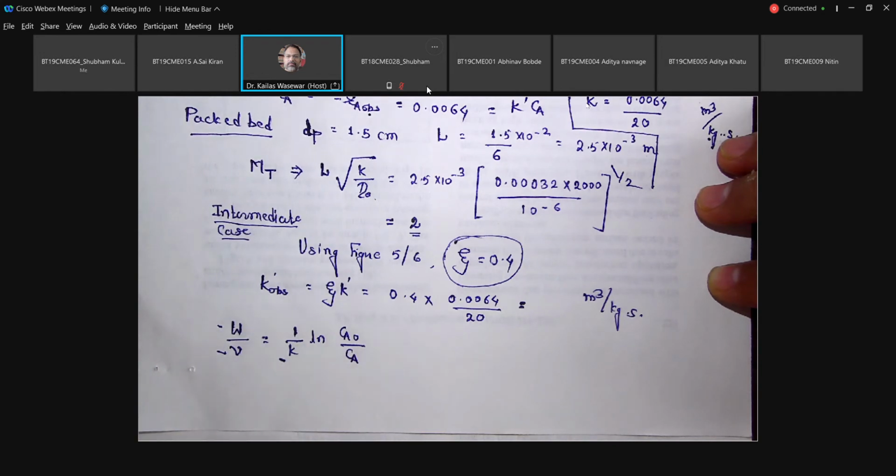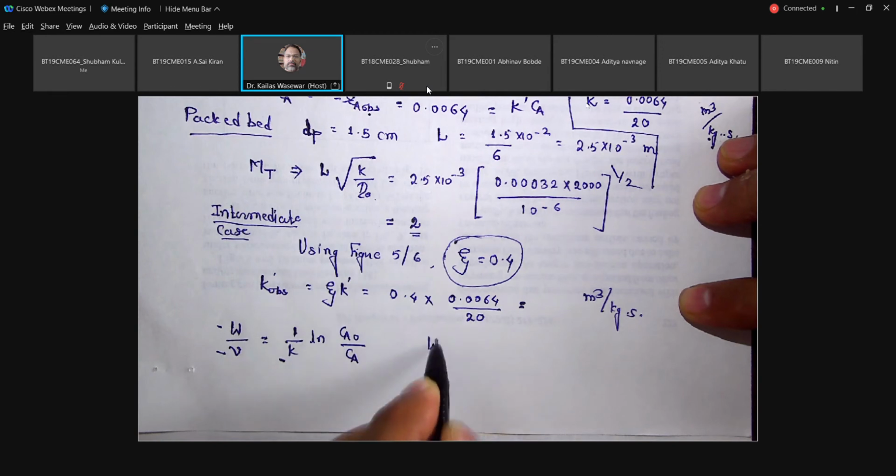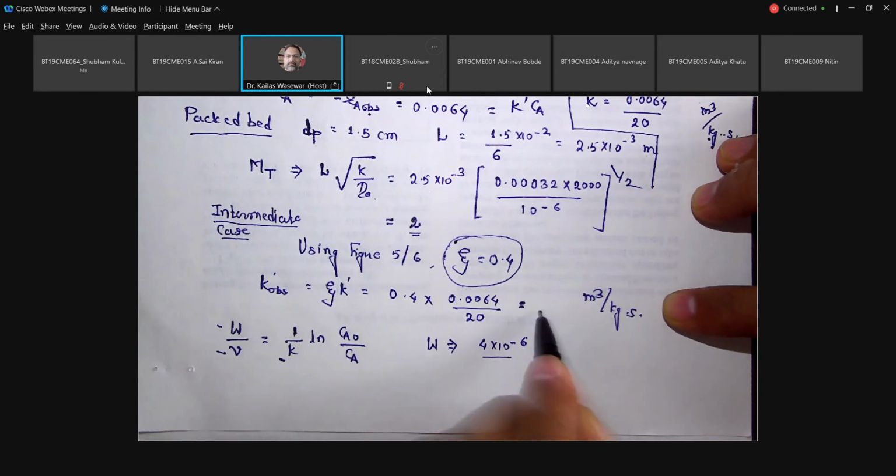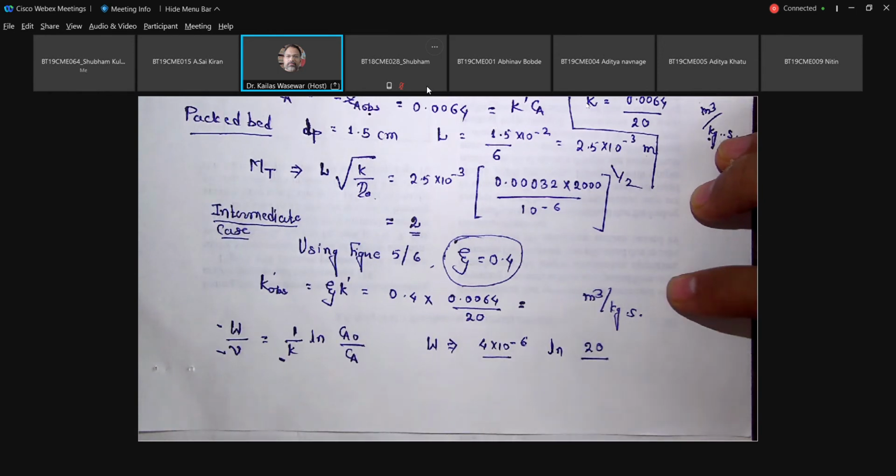So W is equal to, V is given as 4 into 10 to the power minus 6 meter cube per second. K will be in whatever this value, it will be meter cube, so effectively it will be in kg, ln Ca0 is 20 and Ca will be what? 80% conversion.